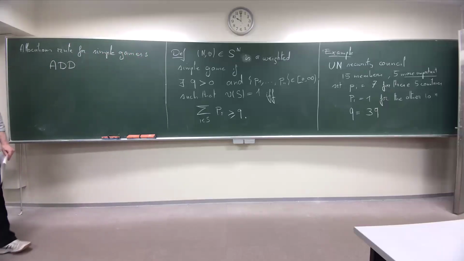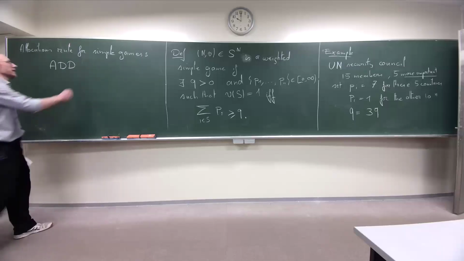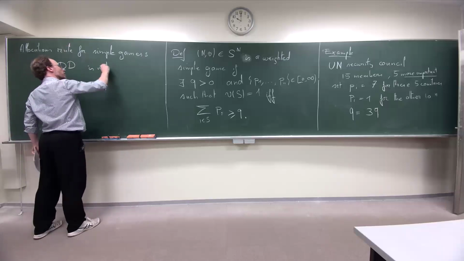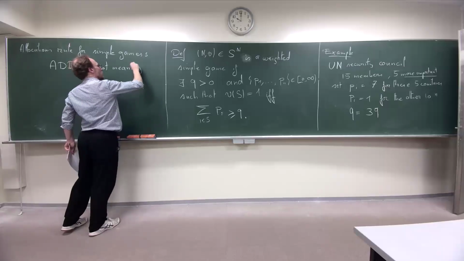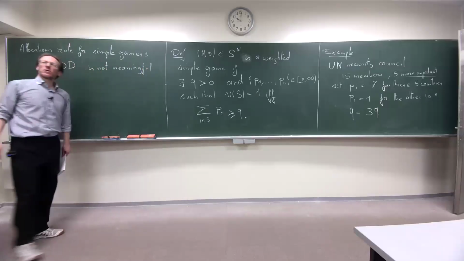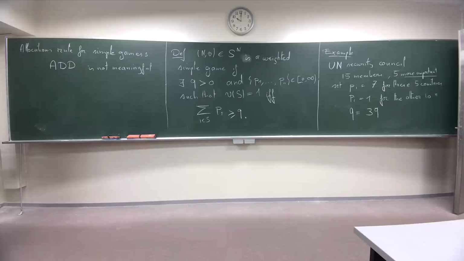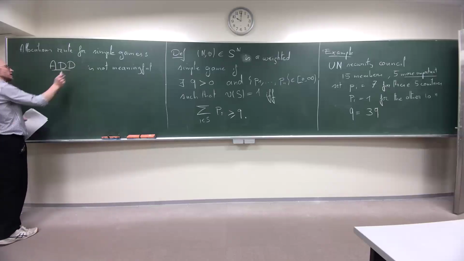Remember, I mentioned additivity many times because it has to be respected by some games or some allocation rules. Additivity is not meaningful here. Why? Because the sum of 2 simple games is not a simple game. The image of v has to be either 0 or 1. If you do a sum, you can get 2, which is not correct. So you need to change this.